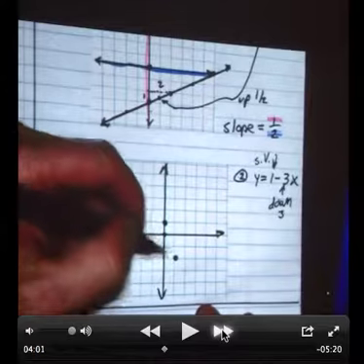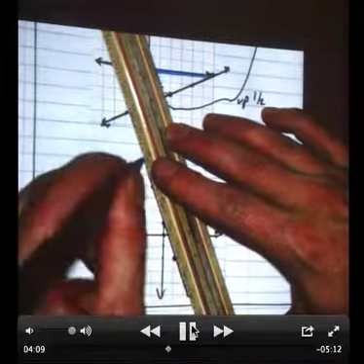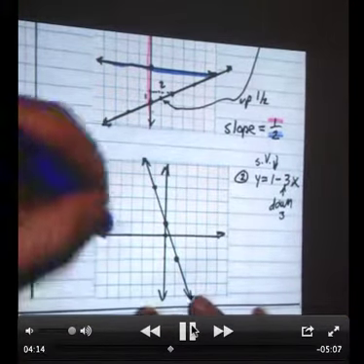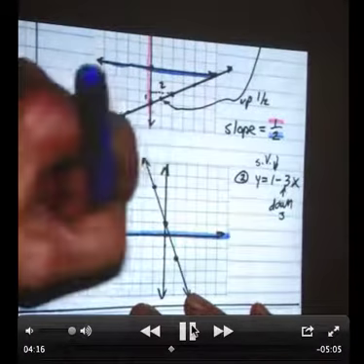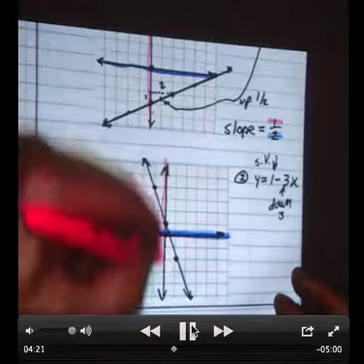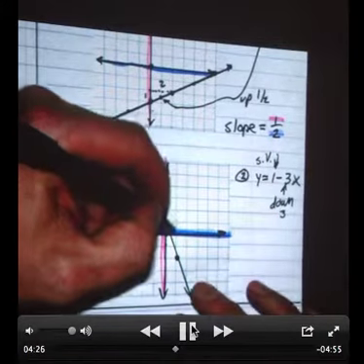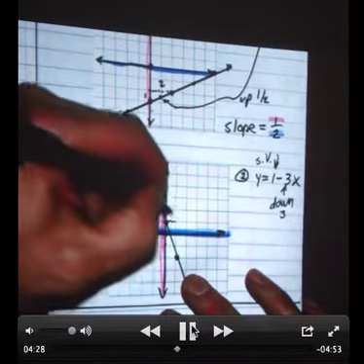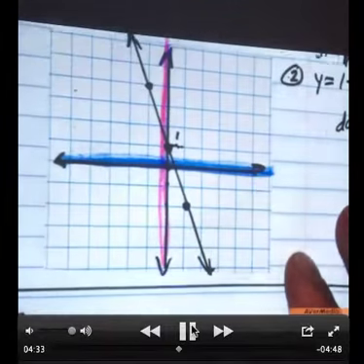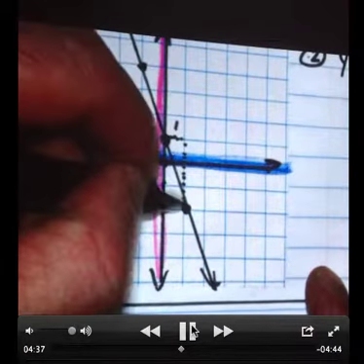And that tells us to go down 3. So this slope says when we go over 1, we're going to go down 3.